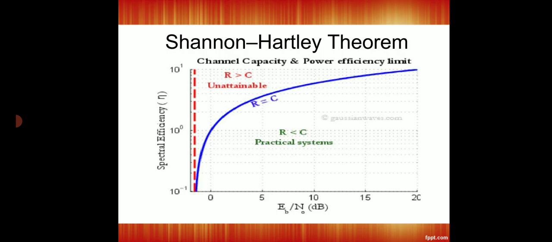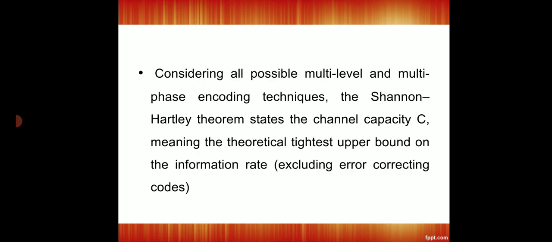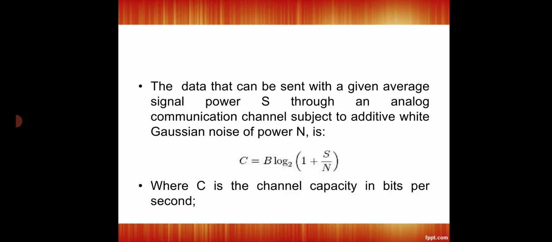That is given as C = B log2(1 + S/N), where C determines the channel capacity in bits per second. This tight upper bound on the information rate applies regardless of the error coding techniques used.